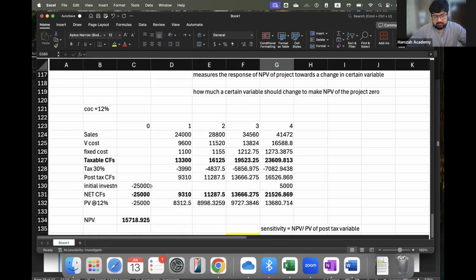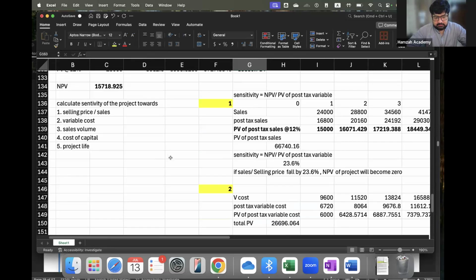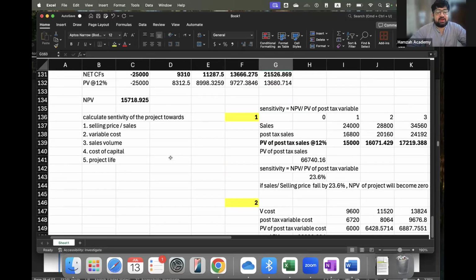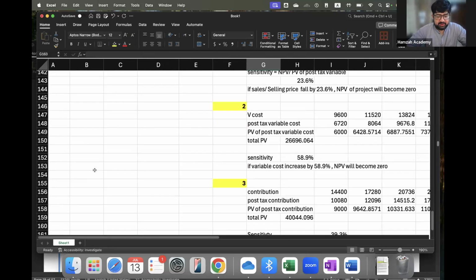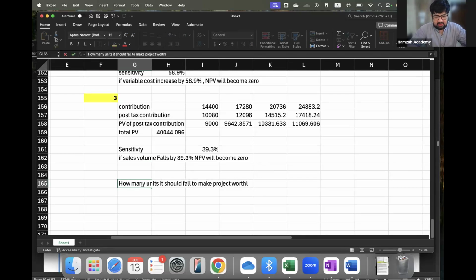So now, students, another thing I'm going to add here. Sometimes the examiner's question asks how many units it should fall to make the project worthless.